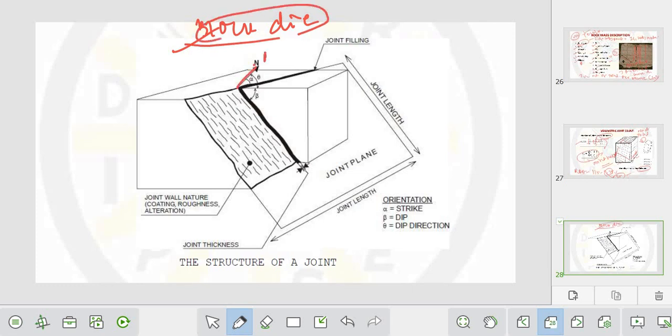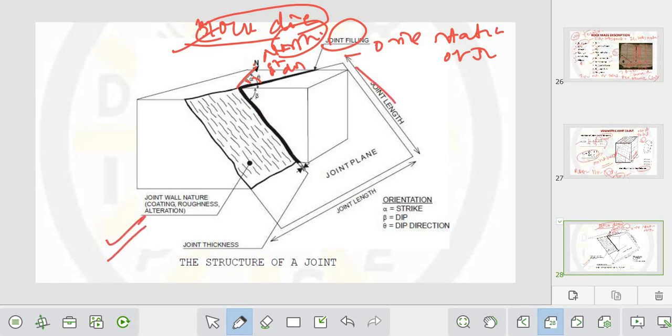See, this is the north direction, na? So this is the strike, this is the dip. So this is the orientation of joint, ठीक है. This is joint filling, whether this particular joint is filled with any type of secondary material or not. This is the joint length, you can go through this, okay.